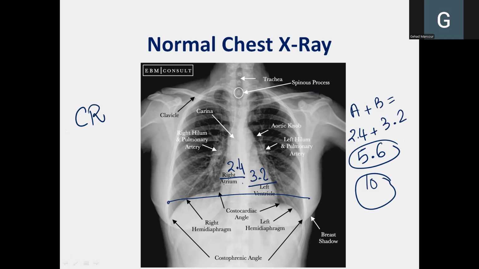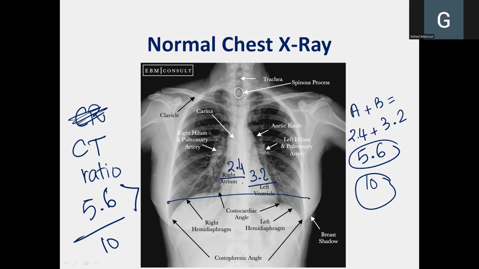So in this case, the cardiothoracic ratio would be 5.6 divided by 10. This is larger than 50%, and therefore the heart is slightly enlarged.